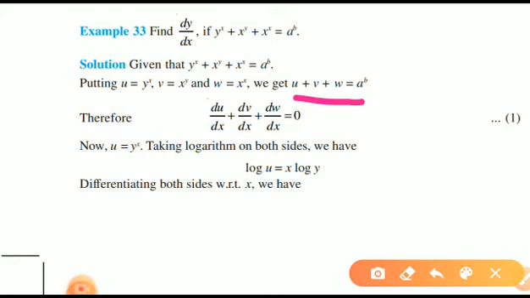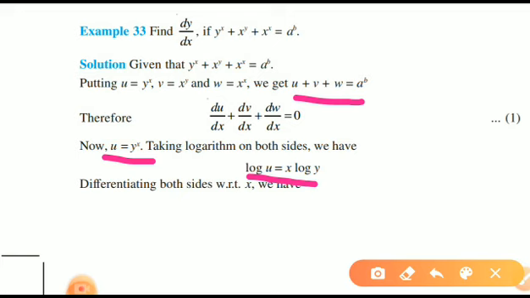Now, your u is y raised to x. Here y is also a function, x is also a function. So what to do? Apply your logarithms on both the sides. So you will get log of u is equal to x into log y. What was the next step?